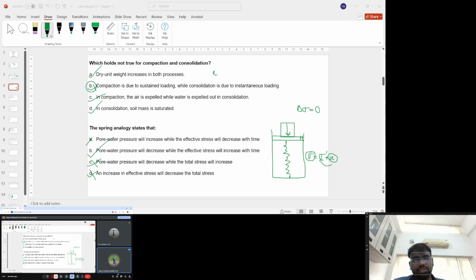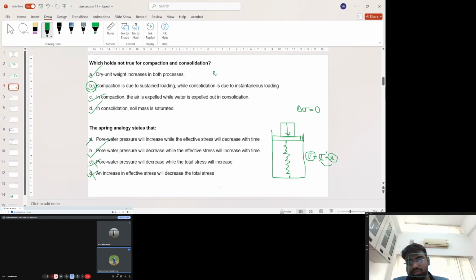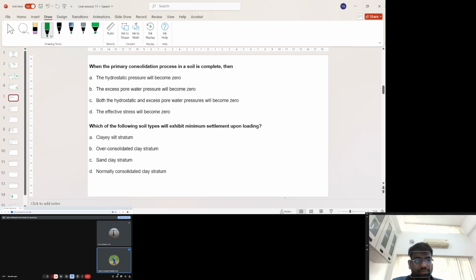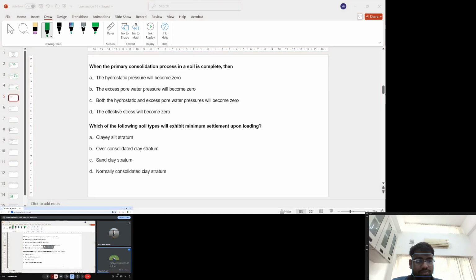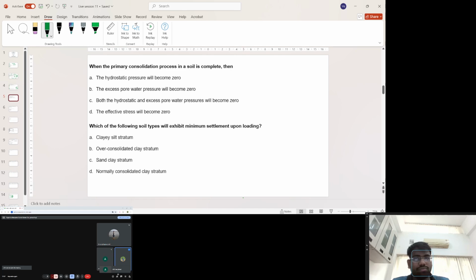Coming to the next question: when the primary consolidation process in a soil is complete, which of the options are right?